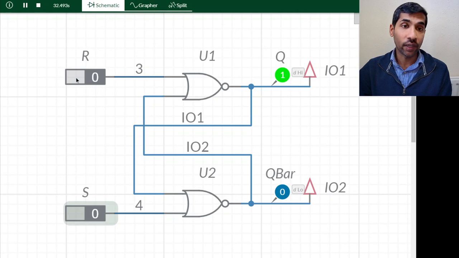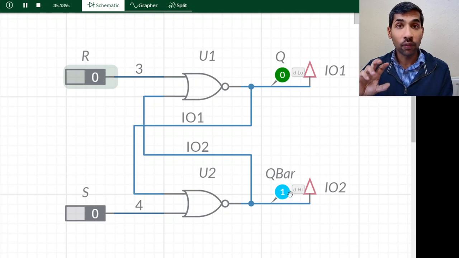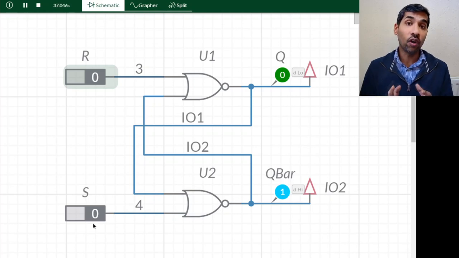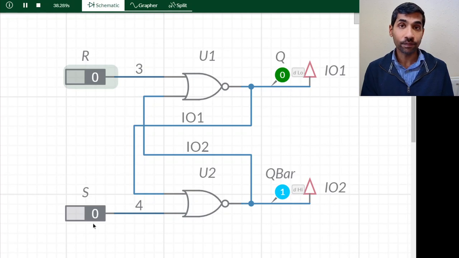Let's make R 1 again. If you make R 1, Q is 0 and you go back to 0, 0, Q is still 0 and Q bar is 1. So the outputs when R and S are 0, 0 depend on what you have input before this step, right?